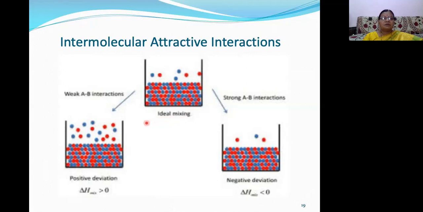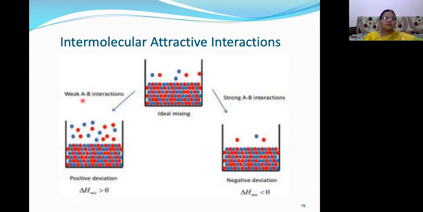So in case of non-ideal solution, these solute-solvent interactions may be higher or lower than the solute-solute and solvent-solvent interactions. Now, the first situation: when the A-B interactions, here A is taken for the first component, solute, and B for solvent, are weak, that is these attractions are weak, we should expect that the molecules of these components have greater tendency to escape into the vapor state.